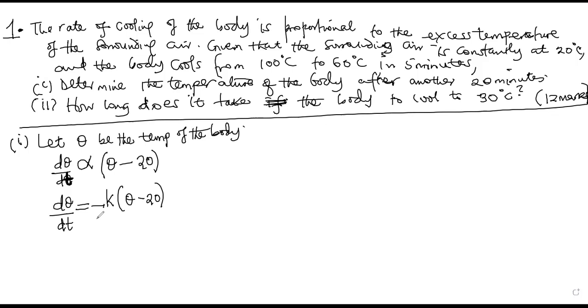Interesting. Now, we have to solve this differential equation and we have to separate the variables. If you separate the variables, we shall have d theta over theta minus 20 is equal to negative k dt. I've already done this work with you.